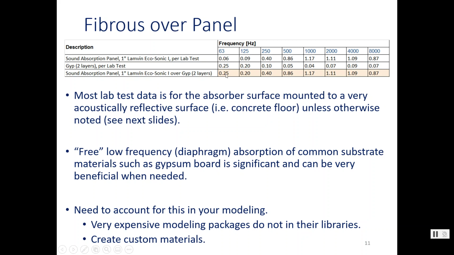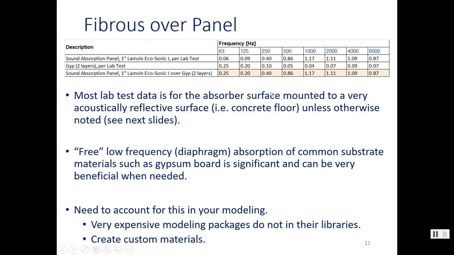So this absorption coefficient gets put here. This one gets put here. And at 250, the fibrous panel takes over and starts to absorb more. So I would essentially, in this case, just be using the max of the two of these when you have one over the other, or when you have a fibrous over a membrane.